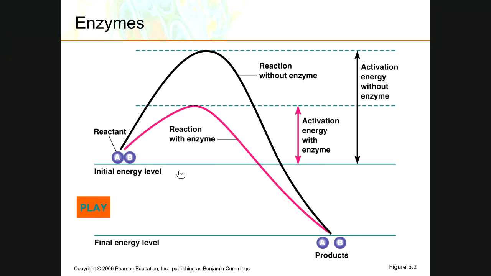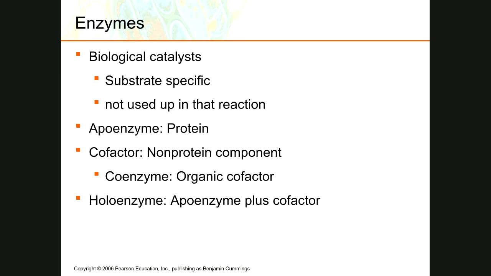And that's fast enough for life to exist. So as these molecules are randomly colliding, they would need this amount of energy in order to react and form products. That's normally not available, at least not very often, in the environment. So enzymes lower the amount of energy needed for the reactants to form products. And so reactions happen fast, and that allows life to exist.